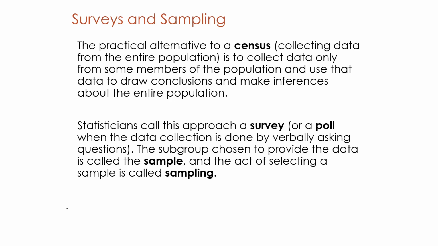So what's the difference between a survey and a poll? Well, a poll is when you are asking questions to collect your data, your information. The subgroup chosen to provide the data is called the sample, and the act of selecting a sample is called sampling.